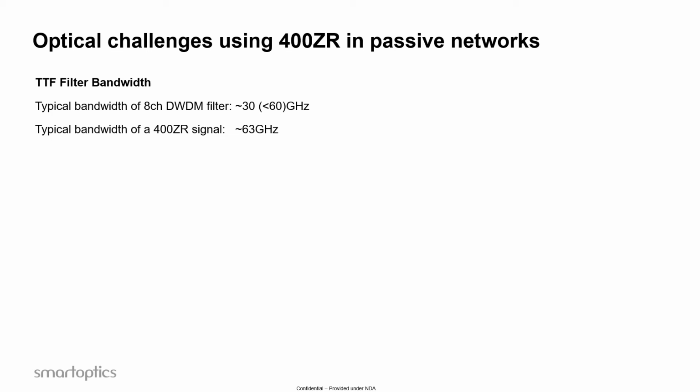The bandwidth of those will be around 30 gigahertz clear bandwidth and a little bit below 60 gigahertz of 3 dB bandwidth. That means you will not be able to fit in a 400 gig signal, which requires at least 63 gigahertz of bandwidth. So the conclusion is that the majority of the low channel count filters on the market today will not support 400ZR, or they will provide a significant penalty to the 400 gig signal.